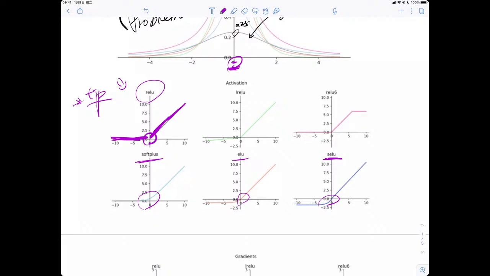Most of the time, it's just a tip, do not use a large learning rate if you use ReLU as your activation function.